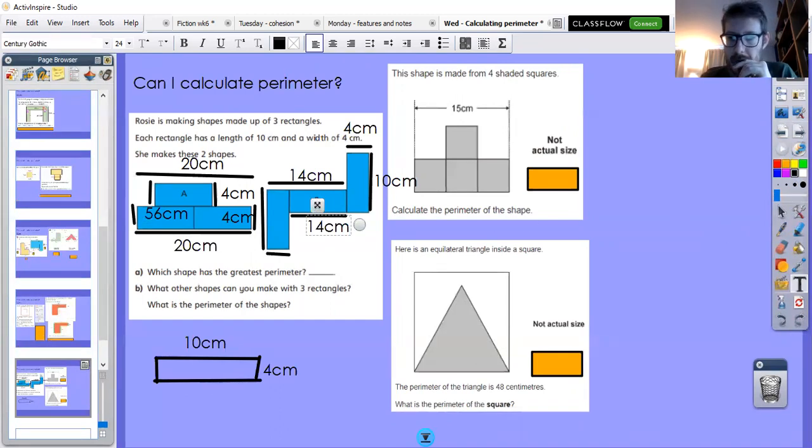Okay, but what about these 2 lengths here? Well, again, we've got to assume that altogether this length and this length will add up to 20 centimeters.